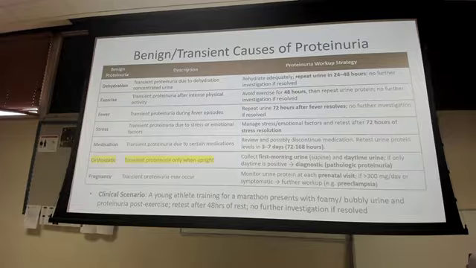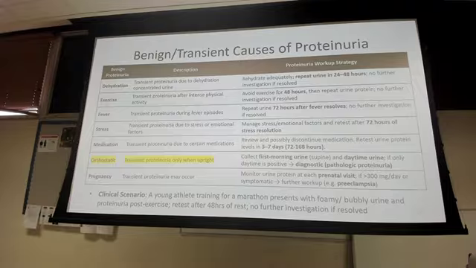Anything that's listed like this, you just know it's really good, and you know you got to study this, okay? So benign transient causes of proteinuria. Dehydration is one, okay? Exercise, fever, stress, medication, pregnancy, all of these can cause proteinuria.